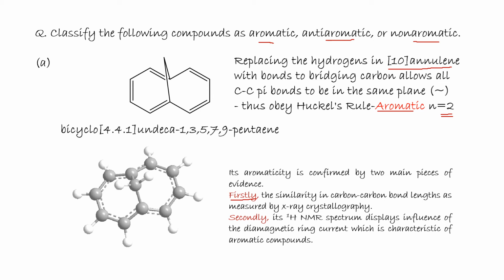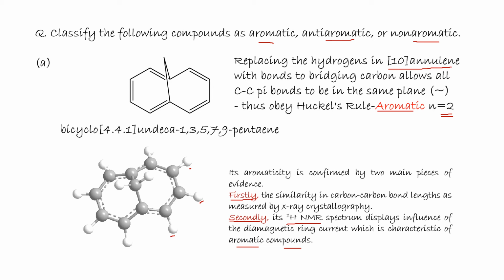So it's in between, okay, and that's what they found by X-ray. Second, proton NMR displays the influence of the diamagnetic ring current, which is characteristic for aromatic compounds. So these hydrogens will appear in the range from 7 to 8, which is the case.